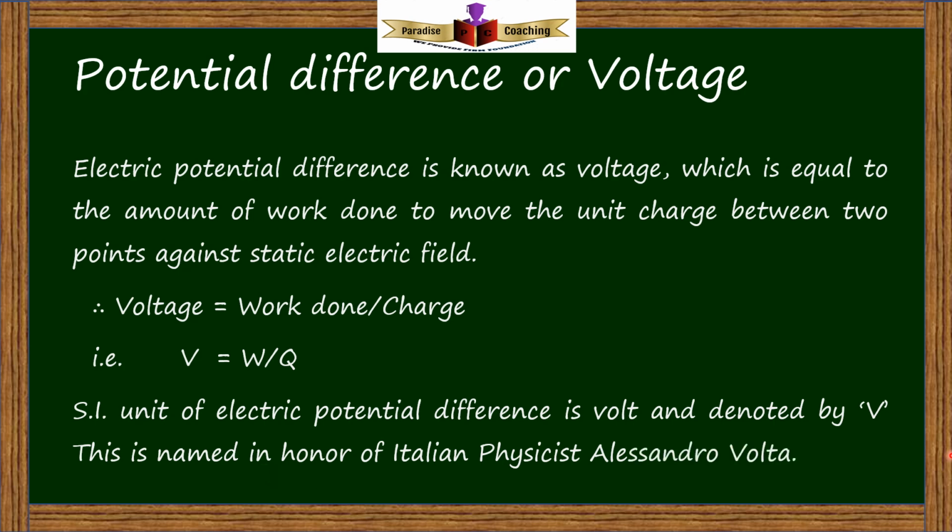This we have already seen. So till now we have recalled two terms, the electric current and the potential difference, and recall that our today's topic is to understand resistivity.